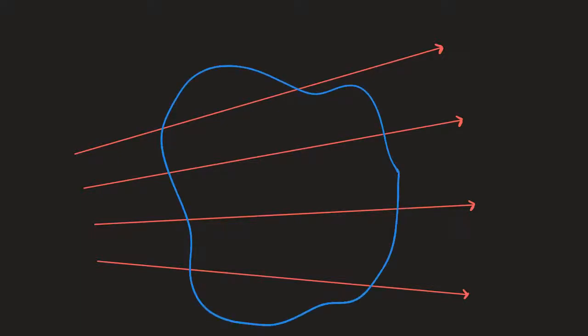But I want to draw a kind of generic picture of some non-uniform electric field and a Gaussian surface. All right, so here's my picture.